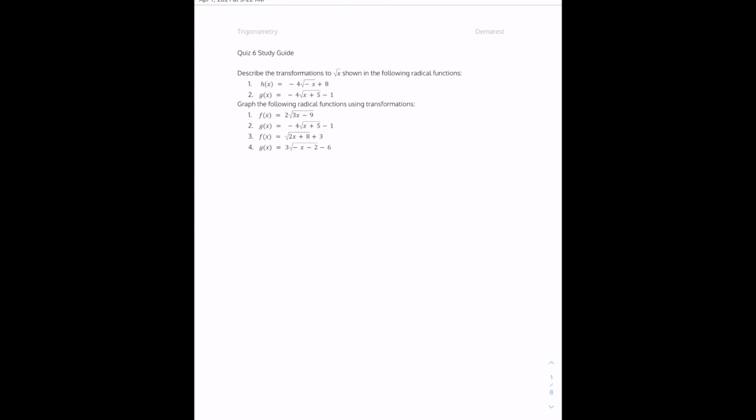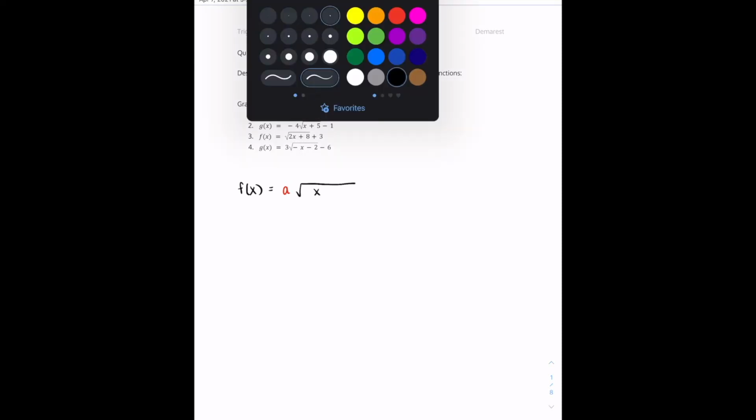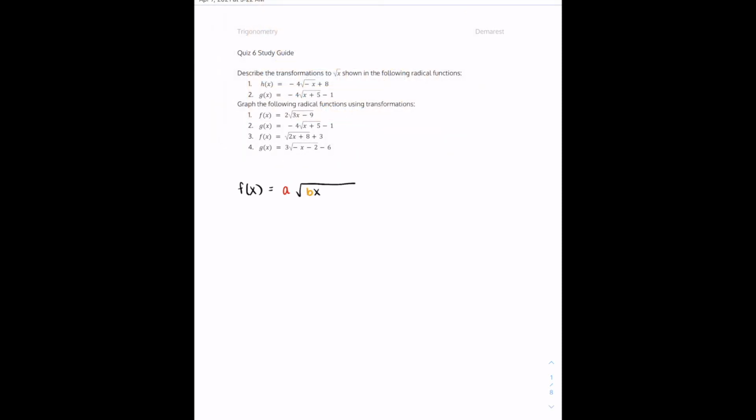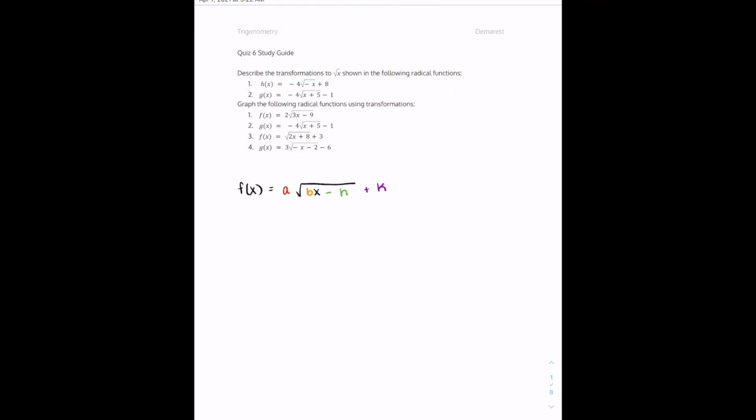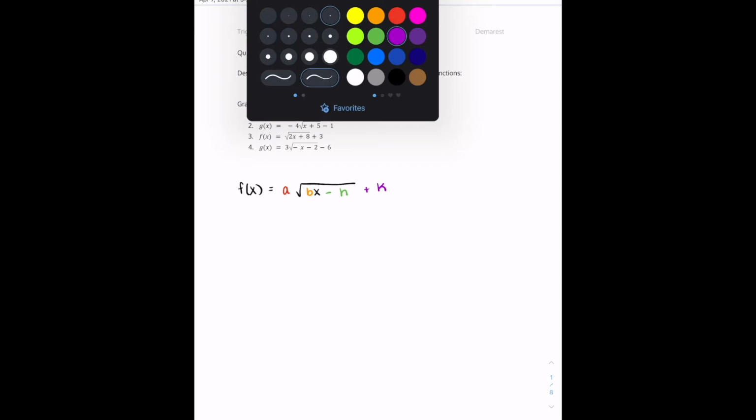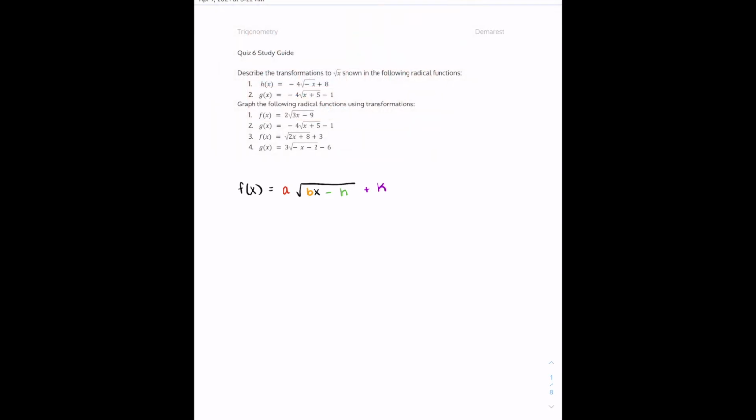So if we have f of x equals a radical function, the possible transformations could be a, and then we would have a square root, we could have b, we could have h, or we can have k. Now, each of these variables tells you a transformation.